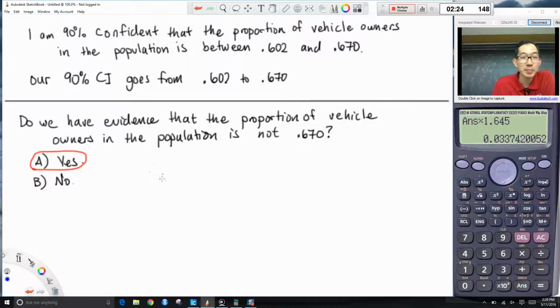Okay. So do we have evidence that the proportion of vehicle owners in the population is not 0.670? Okay, so we look at 0.670 and we say, oh my gosh, I'm such a dummy.